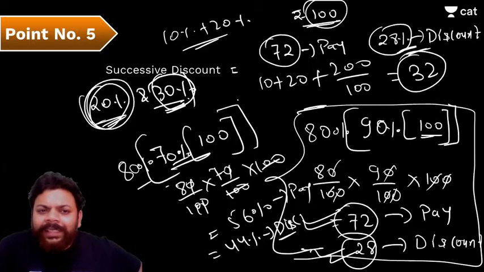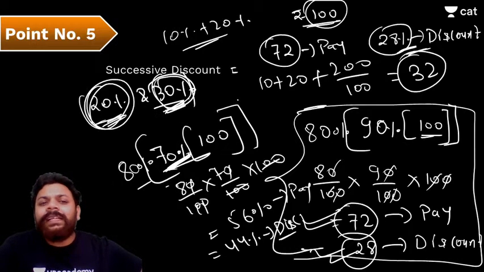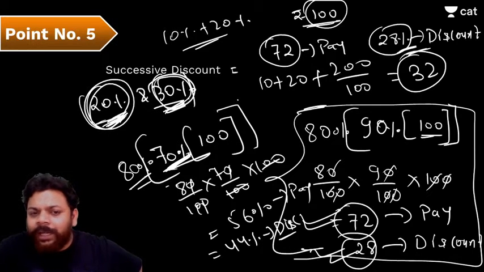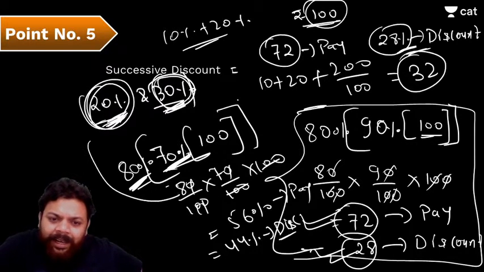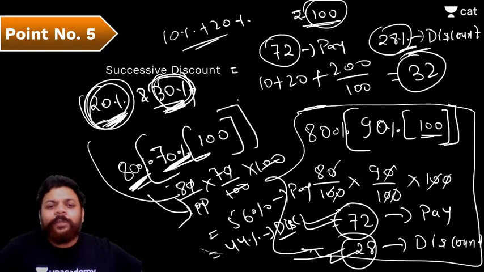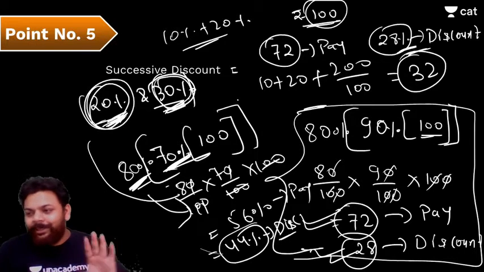Just try to think, if there is 30% discount, that's the reason you are paying 70%. If 20% discount, that means you are paying 80%. So 56% is the percent that you need to pay. That means there is a discount of 44%.